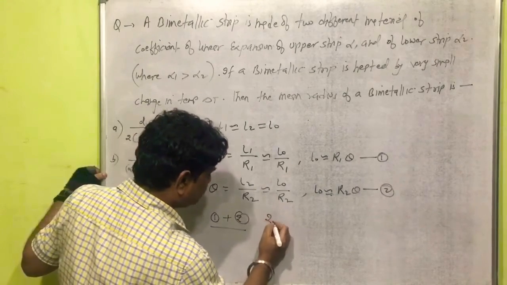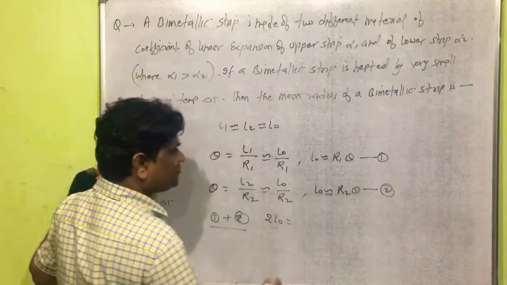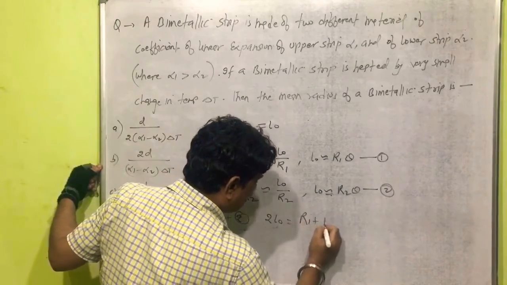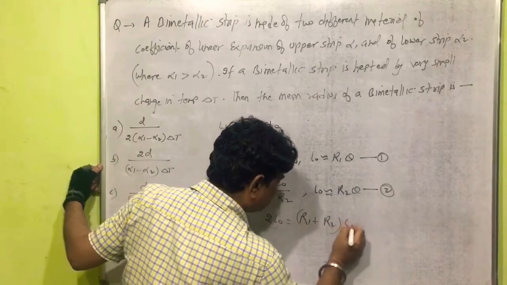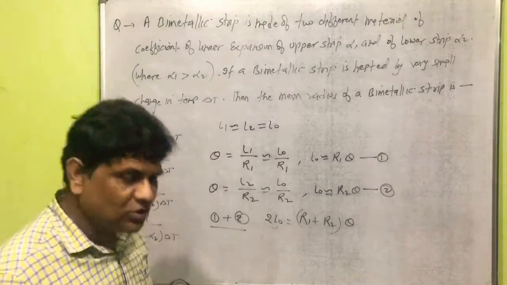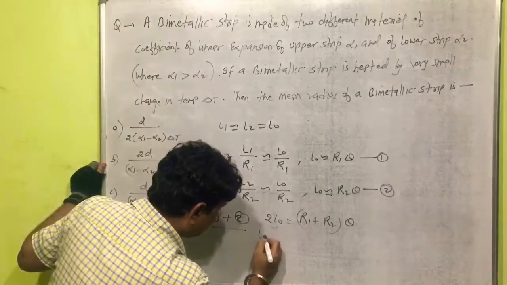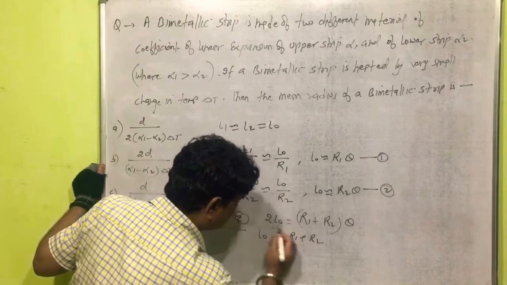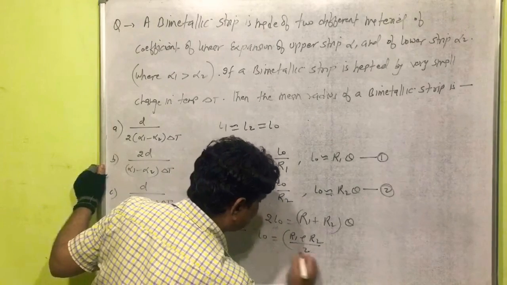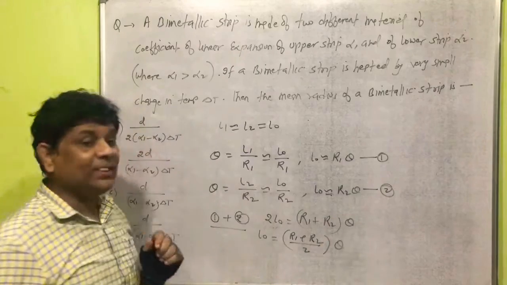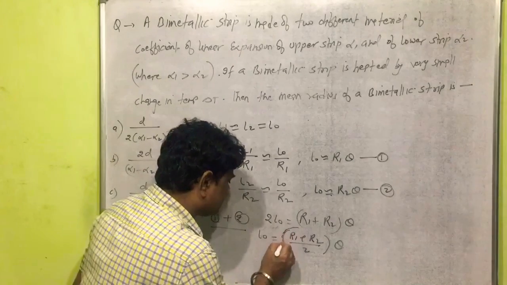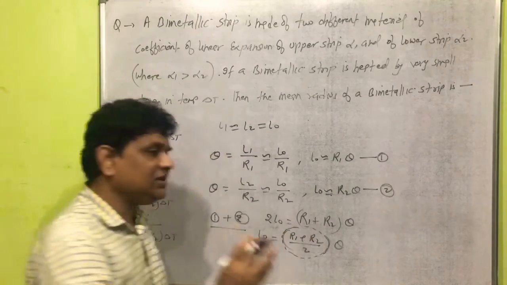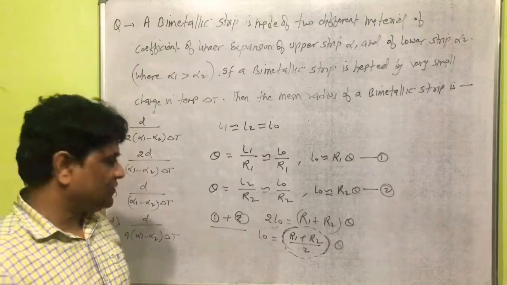What will come here? 2 times L naught is equal to R1 plus R2 into theta, or L naught is equal to R1 plus R2 divided by 2 into theta, and this is nothing but the mean radius of a bimetallic strip.